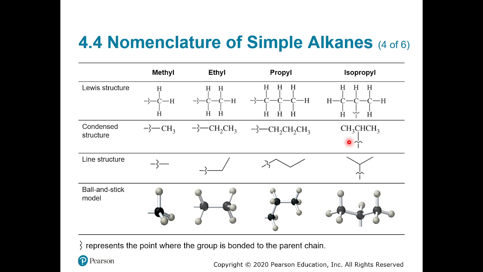But yeah, this could be anything. Most commonly this is going to be a parent chain. So this could be like an octane over here. But yes, the old naming methodology, isopropyl alcohol, that's an alcohol there. You could have like isopropyl chloride. That'd be a chloride over there.